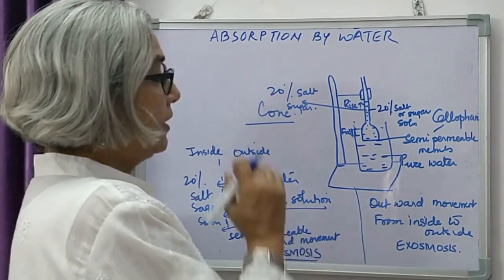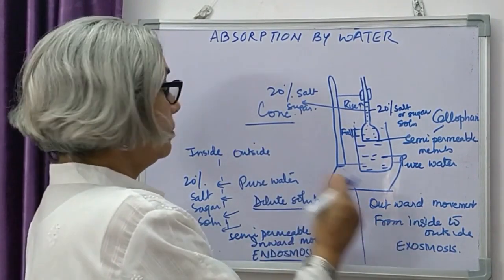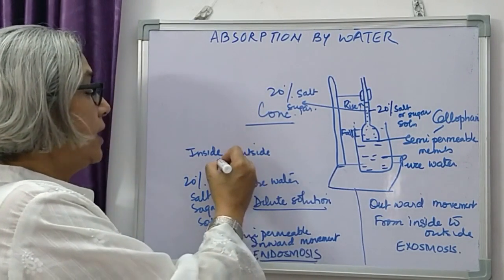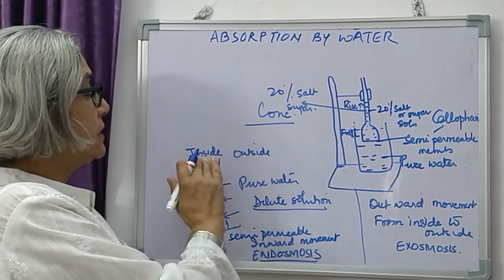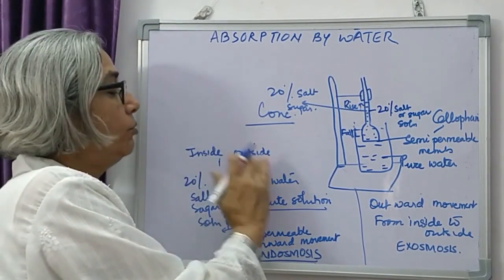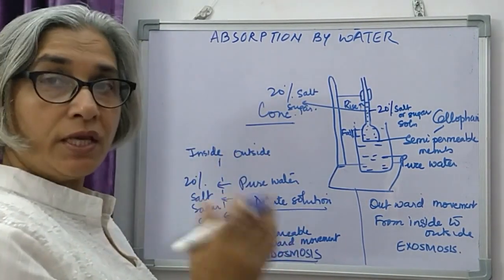Now I have explained endosmosis. Now, in contrast to this, what happens if there is a dilute solution inside the cell and a more concentrated solution outside the cell.